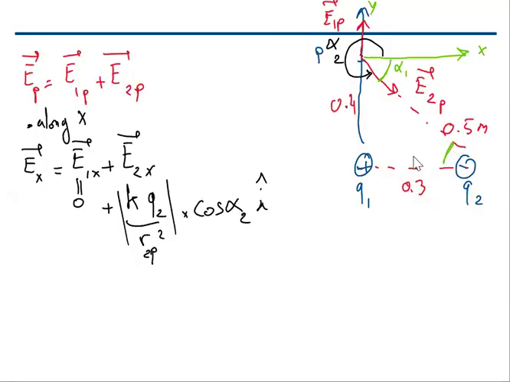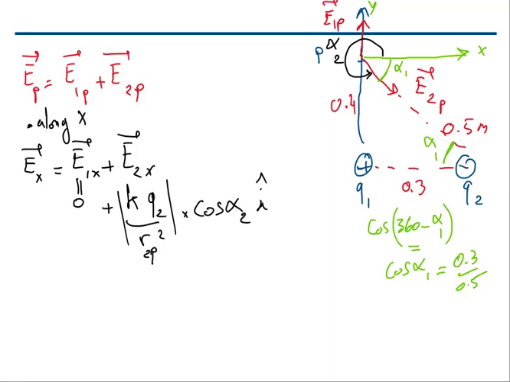What did we say about the cosine? Cosine of 360 minus alpha 1 is equal to cosine alpha 1. And cosine alpha 1 is the adjacent divided by the hypotenuse, 0.3 divided by 0.5.